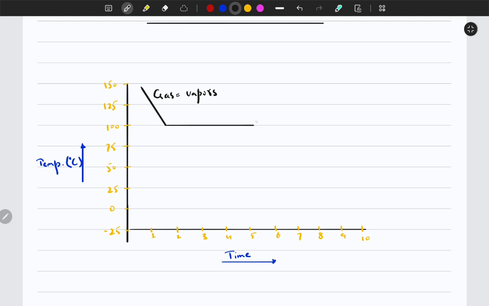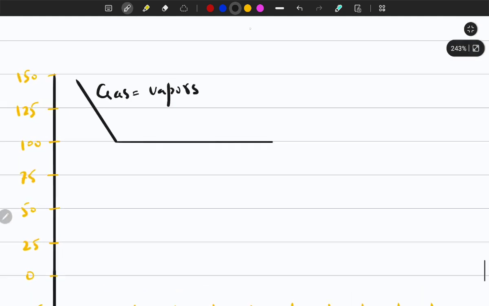It will become constant. Keep cooling it down, the temperature will not change until all the gas has been changed into liquid form, right? So at this phase, you have the boiling point of water, 100 degrees Celsius, okay?